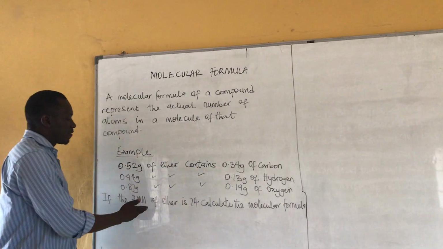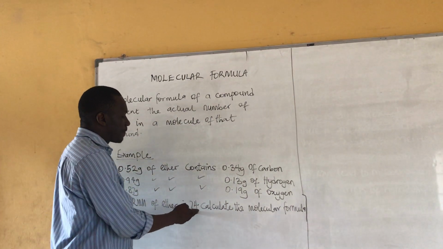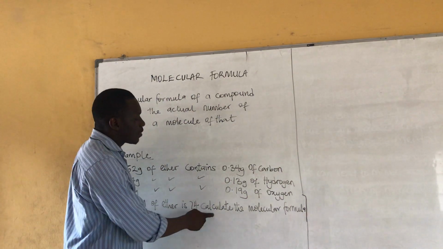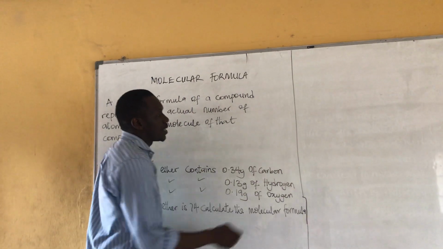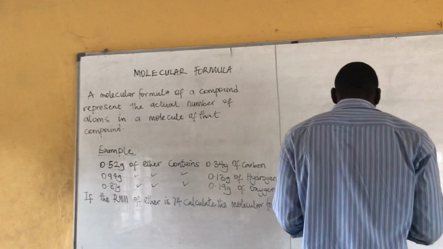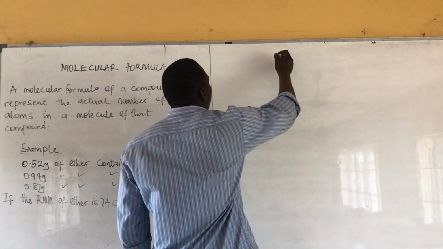Question: if the relative molecular mass of ether is 74, calculate the molecular formula. Let's see the solution.